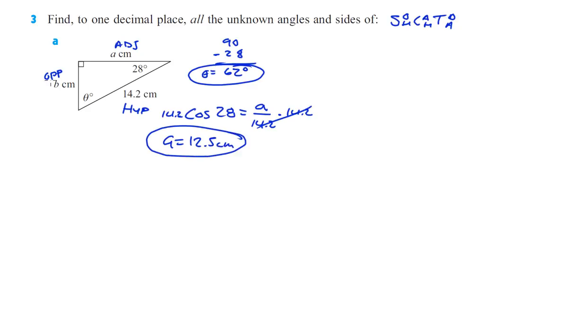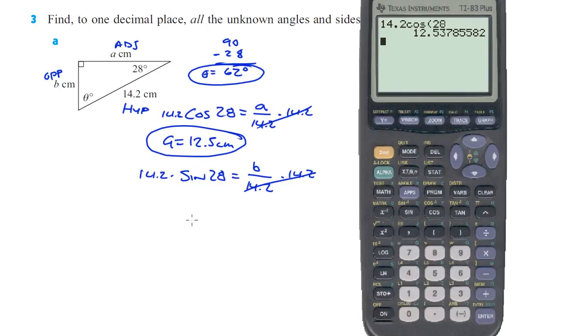And then to find B, that is opposite and hypotenuse. So that's opposite and hypotenuse, so that's going to be sine. So we do sine 28 is opposite, which is B, over hypotenuse, which is 14.2. So multiply both sides by 14.2. Right, and we get B is going to be 14.2 times sine of 28.